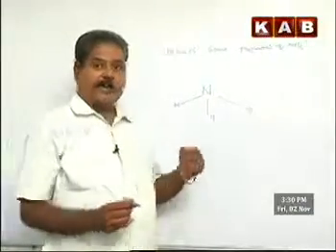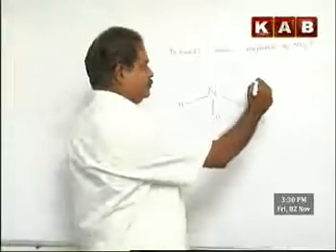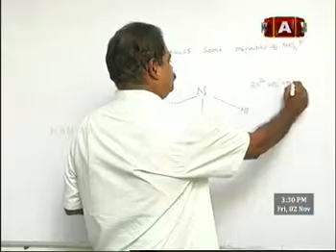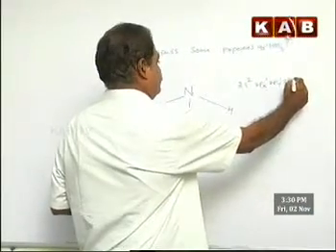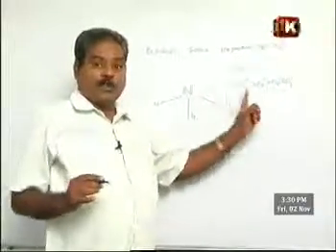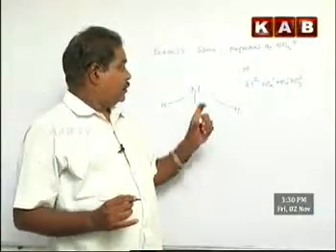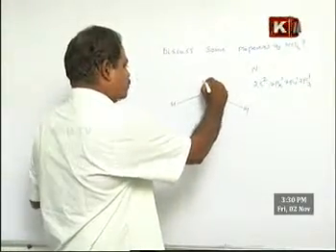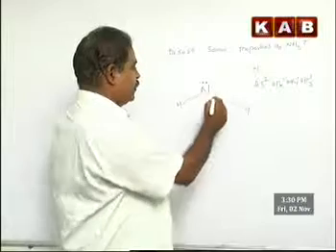Nitrogen has 5 electrons in its outermost shell, like 2s2, 2px1, 2py1, 2pz1. This is the electronic configuration of nitrogen in the outermost shell. So, nitrogen has a pair of electrons which are not actually used in bonding.